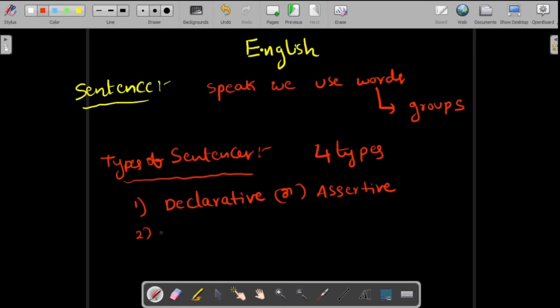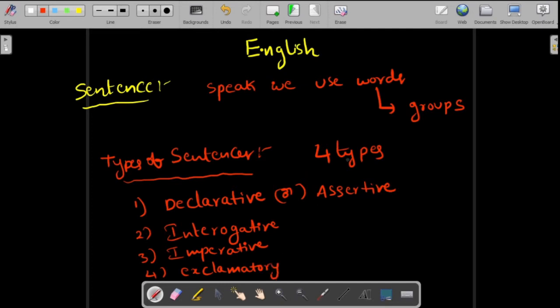Second one is interrogative sentence. Third one, imperative sentence. Fourth one is exclamatory sentence.